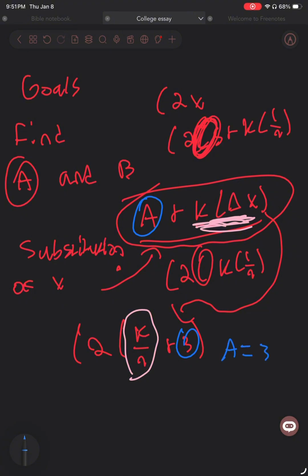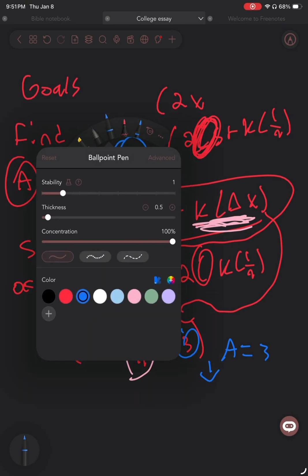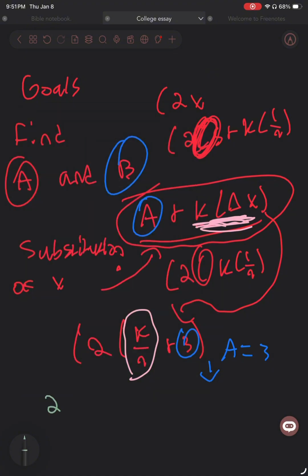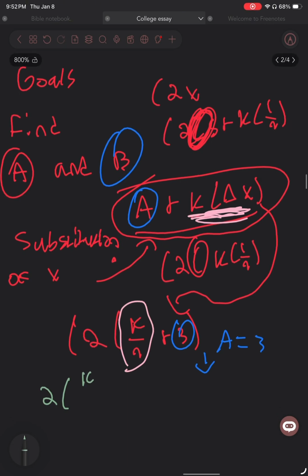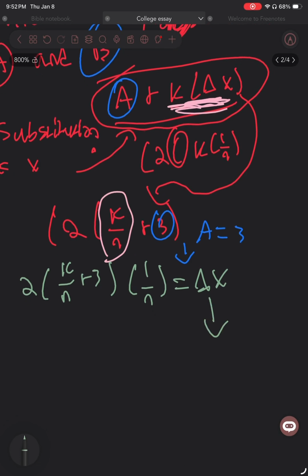Now you want to find B. How are we going to find B? To find B, all you really have to do is say the equation is 2 times K over N plus 3, and then you have times 1 over N. Well, you remember that this equals the pyramid x, and pyramid of x is just A minus B over N. So let's say A minus B equals x, and x is going to be the thing that you find.